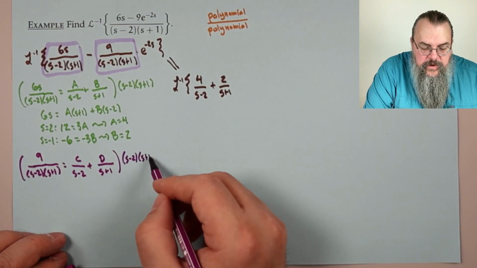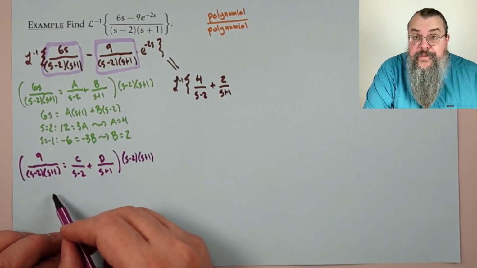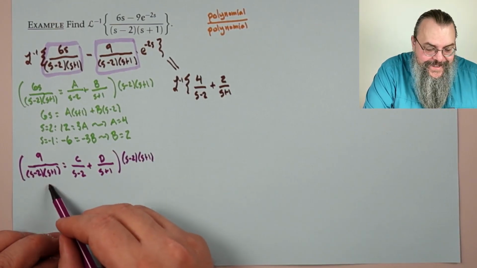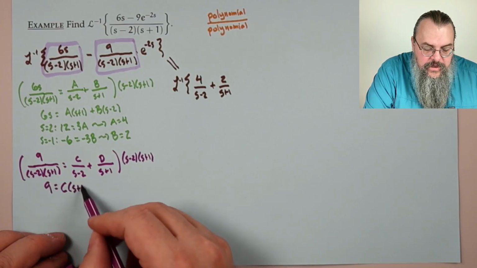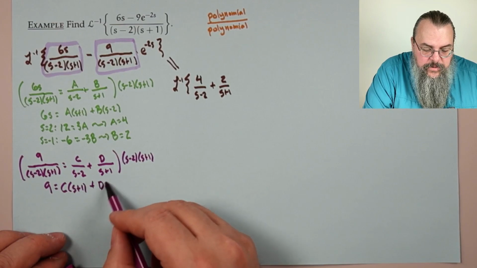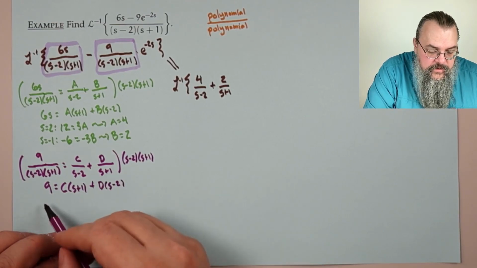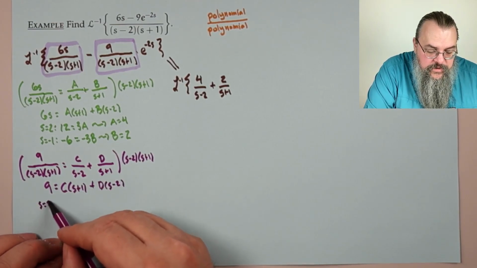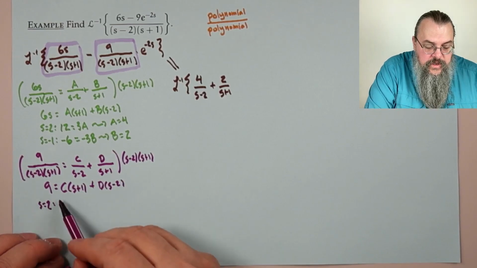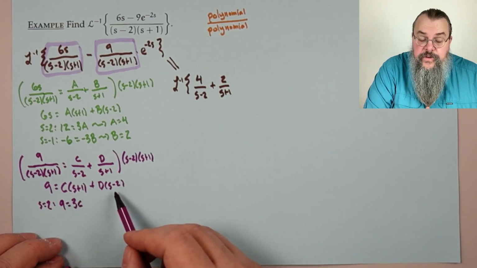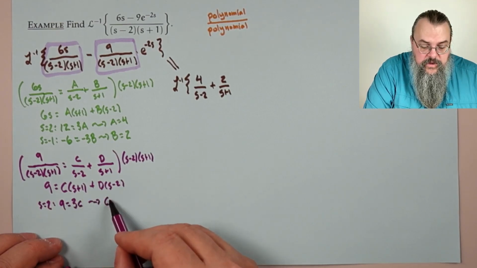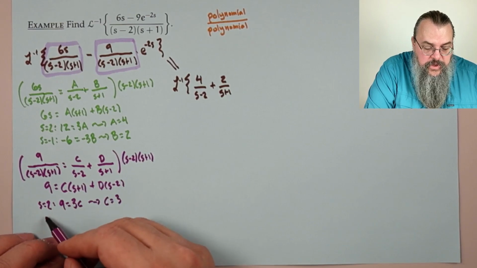It's going to feel very similar to what we just did, because it is very similar, and so it tells us what to do. We're going to make good choices, in fact the same good choices. So plug in 2: 9 is equal to C times 2 plus 1, so 3C, and then 0. So C is 3. And plug in negative 1.